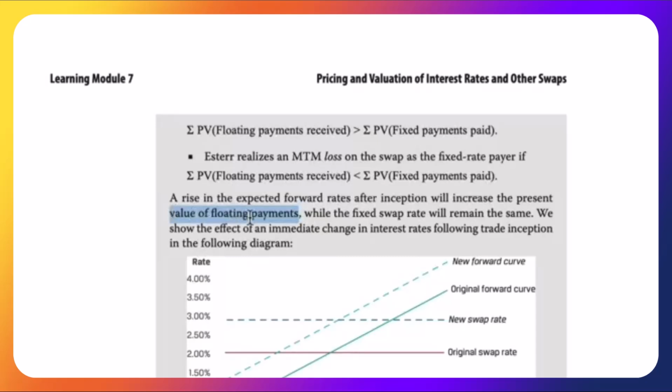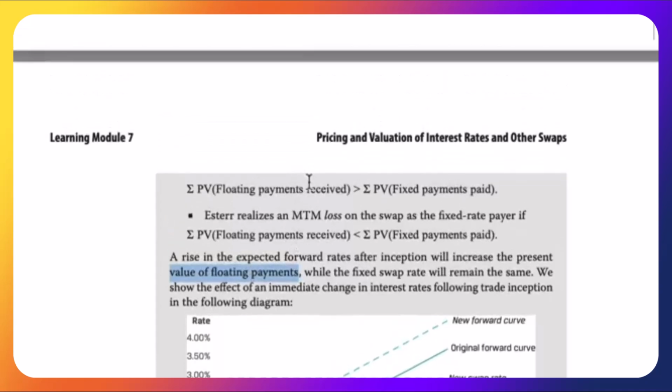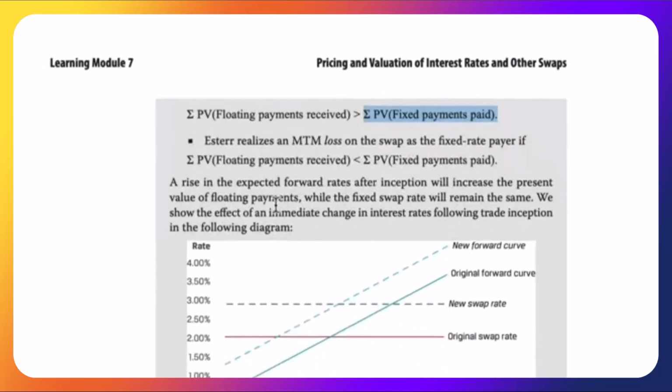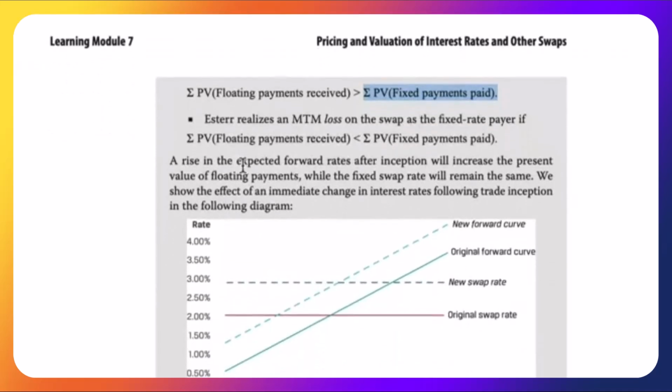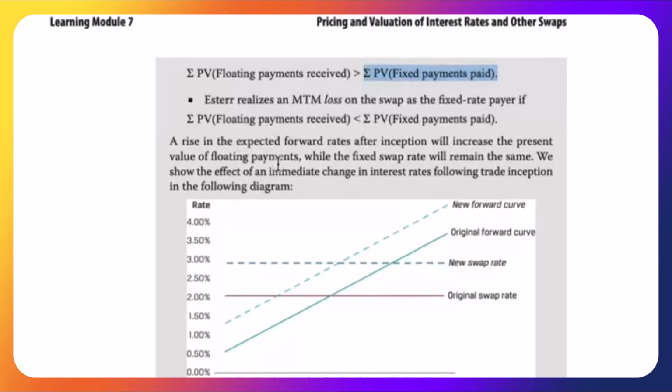So if we're receiving a higher floating rate, we will be in this condition up here where the sum of the present value of the floating payments to be received would then be greater than the sum of the present value of the fixed payments to be paid, because this won't change, but this will be higher, right? That is, if we have a receive fixed, pay floating swap and rates rise, yay, throw a party.